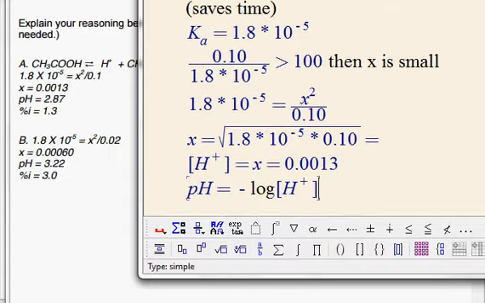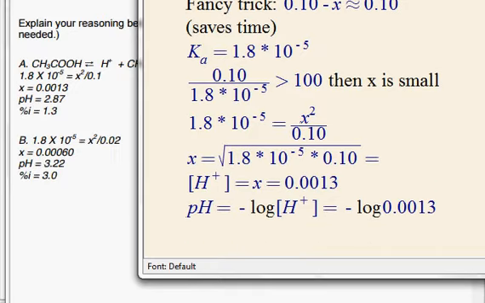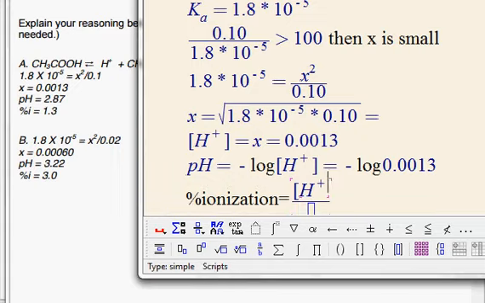And then for percent ionization, it's a little bit more interesting. You're wondering how many of the H+ are, how many of the atoms split up, basically.